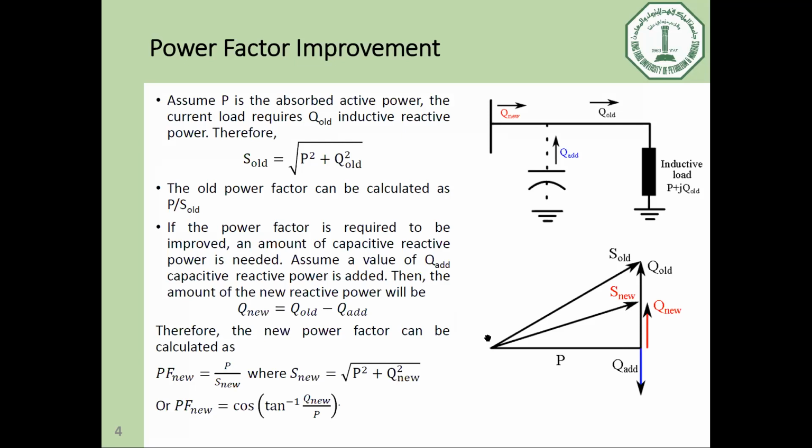So the electrical company makes penalties on people who have a low power factor, which means you consume P and lots of Q, and you pay only the power cost, not the S cost. For that, they make penalties.